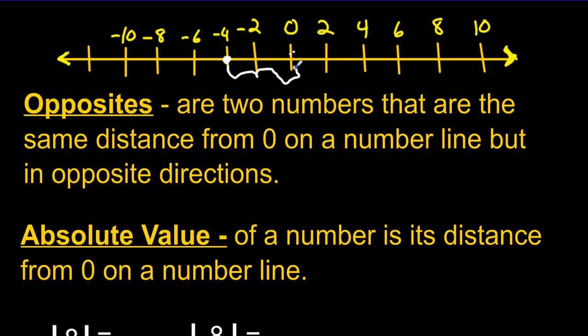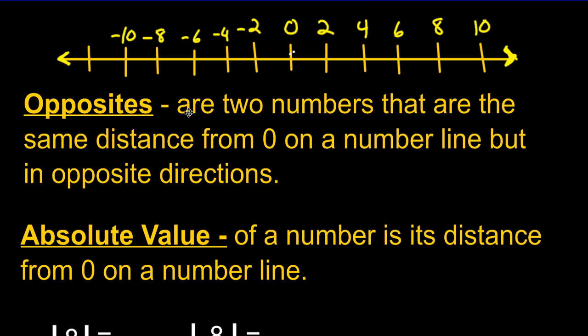And we would say the distance here to 0 is actually 4 units. Okay. And even though it's a negative 4, distance is always going to be a positive value. So the absolute value of negative 4 is equal to 4.